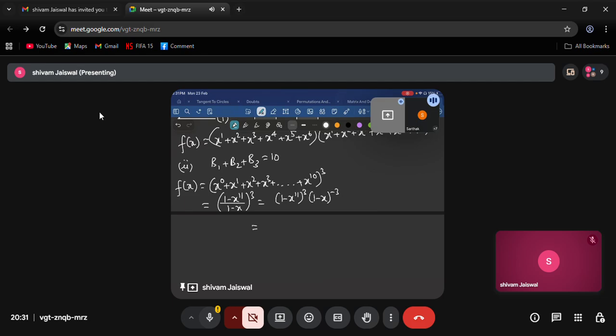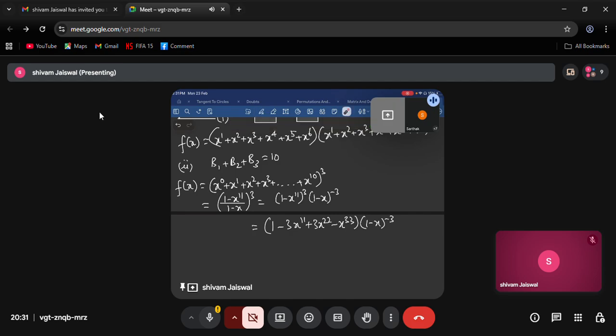So we are focusing on only x to the power 10. Everyone, we can write it as 1 into (1 minus x) whole to the power minus 3. Wait a minute. First of all, let us expand (1 minus x to the power 11) whole cubed. We can write it as 1 minus 3x to the power 11 plus 3x to the power 22 minus x to the power 33, into (1 minus x) whole to the power minus 3.